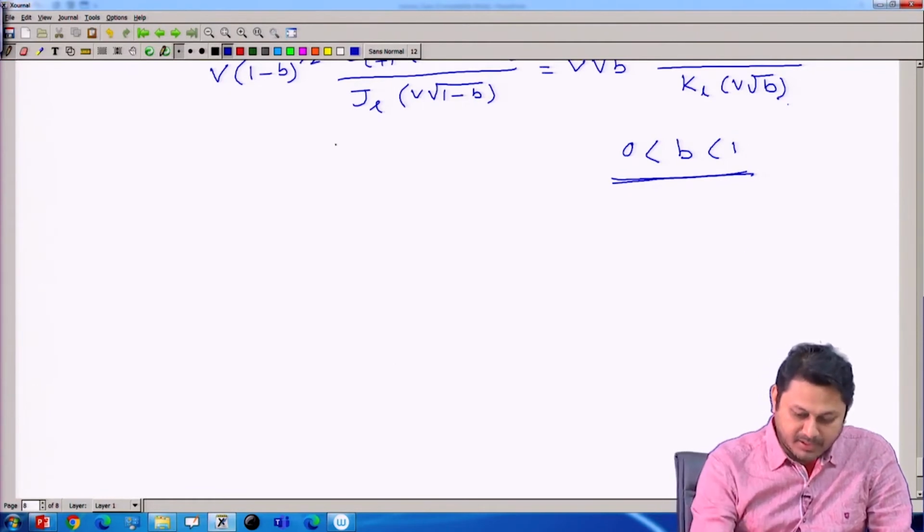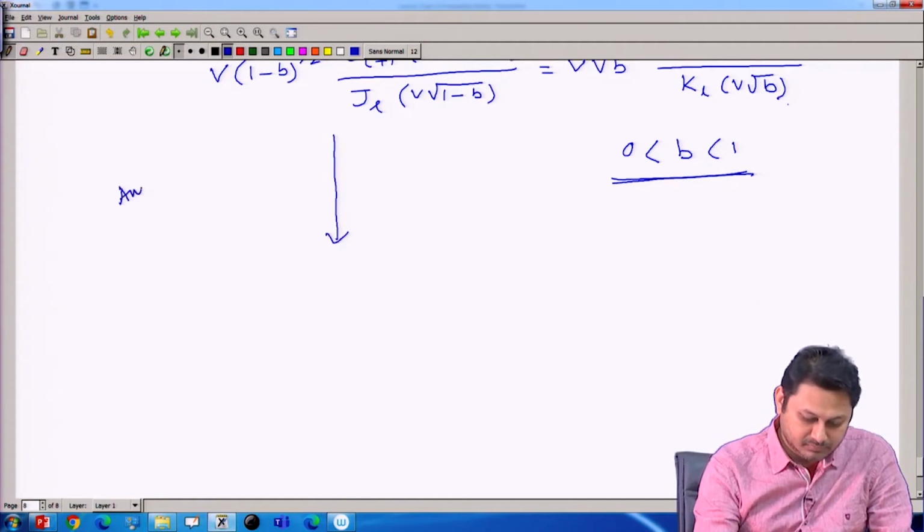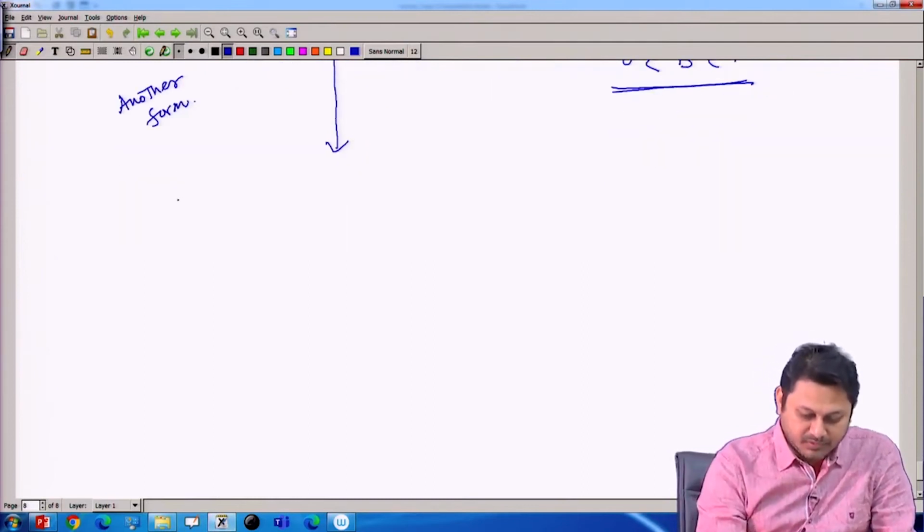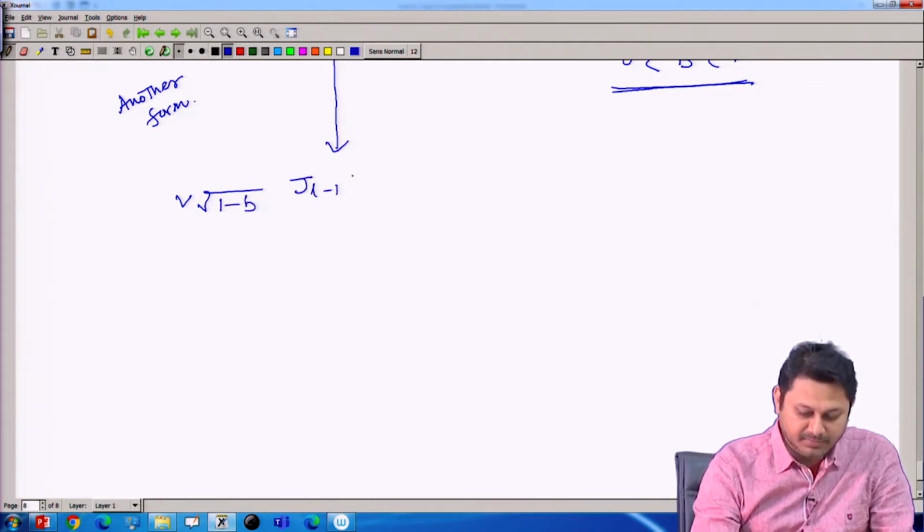By the way, one can also have another form. I should write this another form, because in some books this form is also used. A similar looking form, only thing is that instead of having J L plus 1, they have J L minus 1.